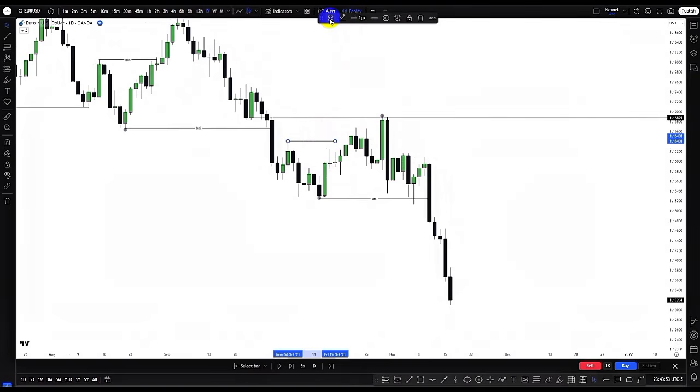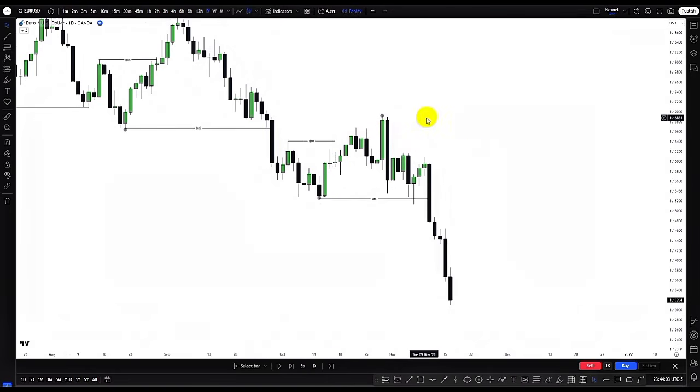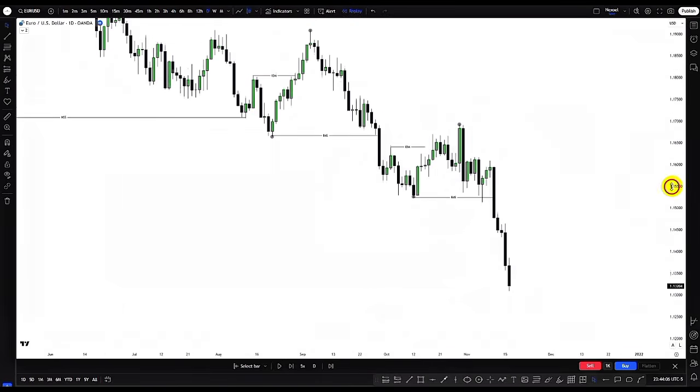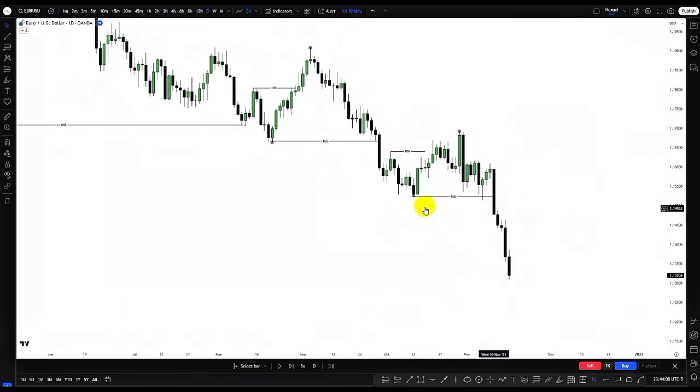Basically, the internal range liquidity that the institutions would want to seek, because now these high points have taken out the external range liquidity and give us a valid break of structure, because you can clearly see that volume here closed below this low point.